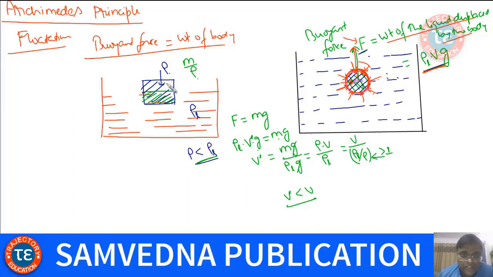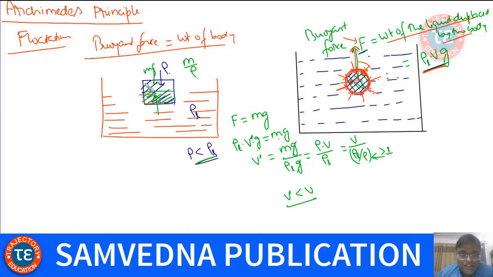If the density of this solid is less than the density of the liquid, then the volume of water which needs to be displaced so that the buoyant force equals the weight of the body is less than the volume of this solid. So only a part of the body will emerge, and that will be enough to balance the weight of this body.